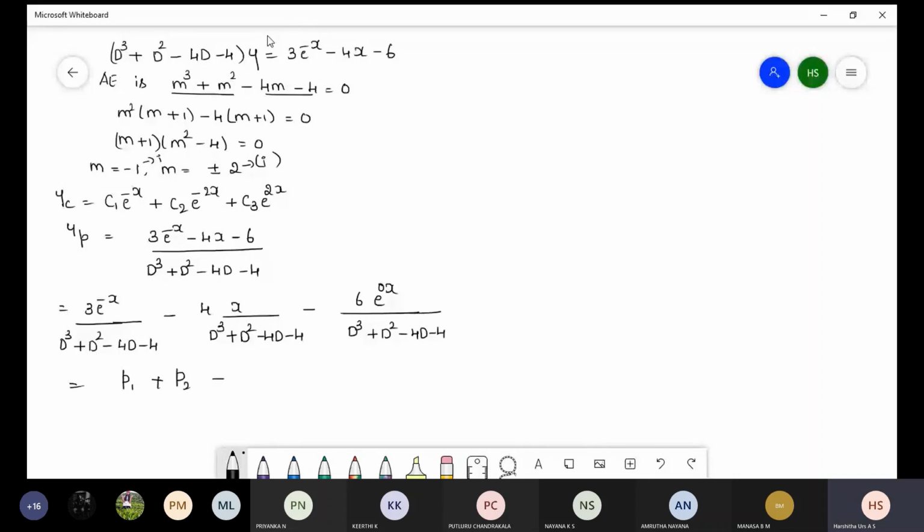Now the first one, P1: 3 e power minus x divided by D cube plus D square minus 4D minus 4.